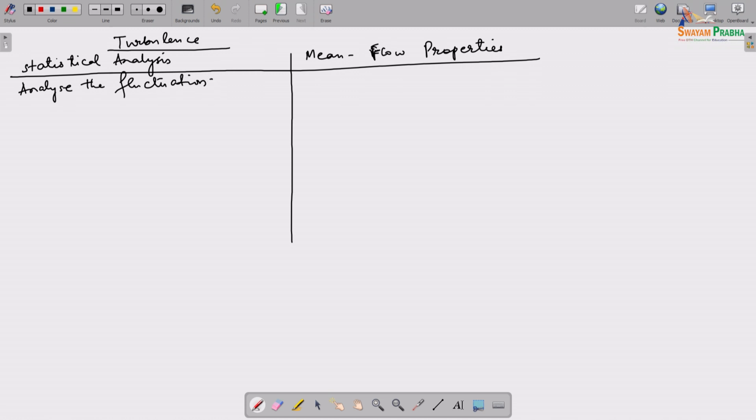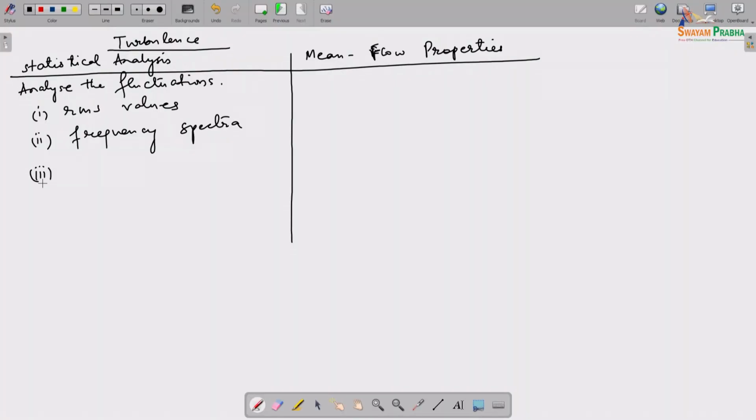Then we can calculate RMS values and the frequency spectra. This is a good way of knowing what sort of fluctuations are happening: what is the chance that a particular fluctuation is going to repeat itself, and at what intervals. That is why the frequency spectra, space time correlation, of course.